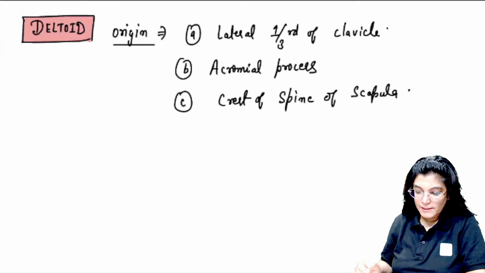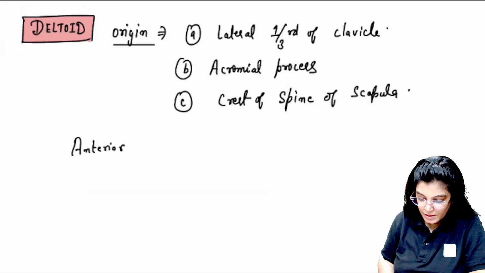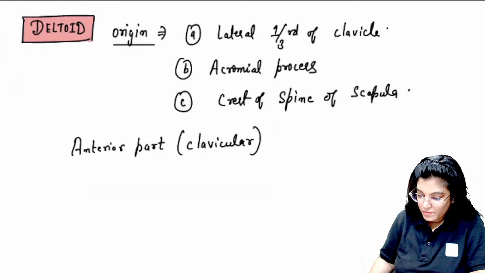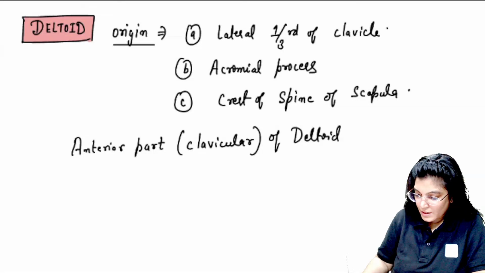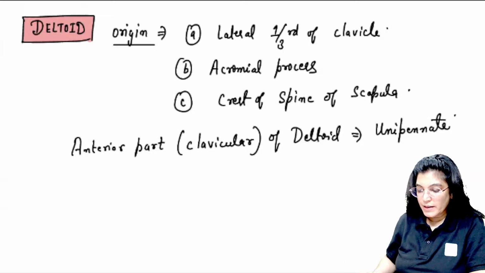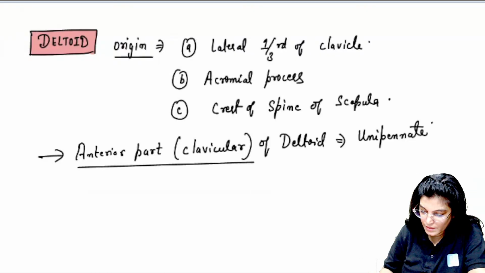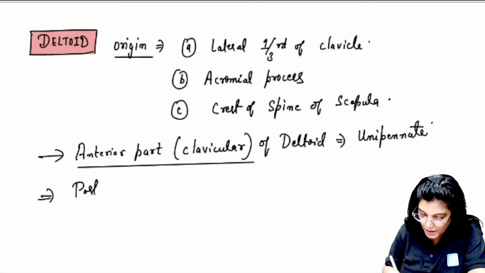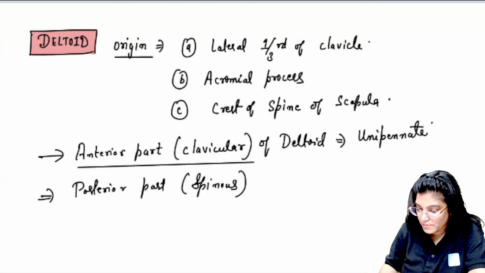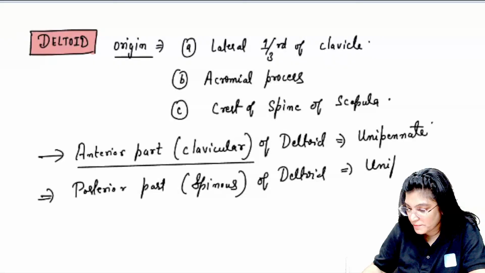So you can write down this: the anterior part of the deltoid muscle, that is the clavicular part, is unipinnate morphologically. What is the arrangement of muscle fibers? Unipinnate. Now the posterior part, which is also called the spinous part of the deltoid muscle, is also unipinnate morphologically.